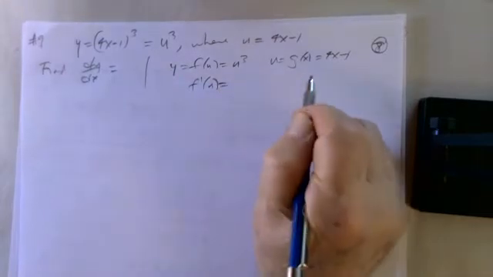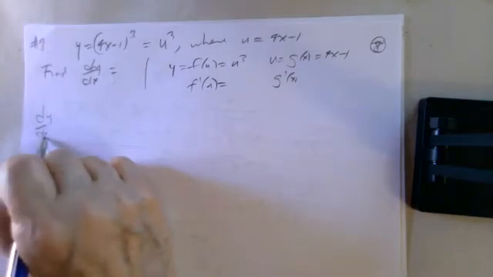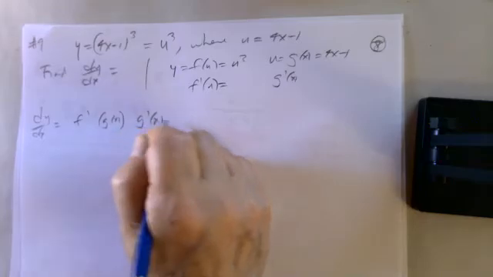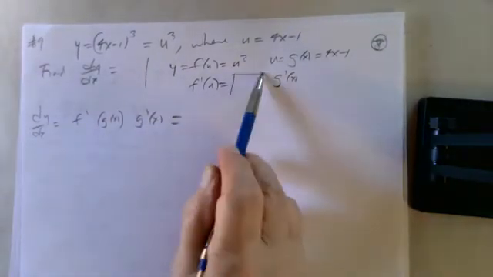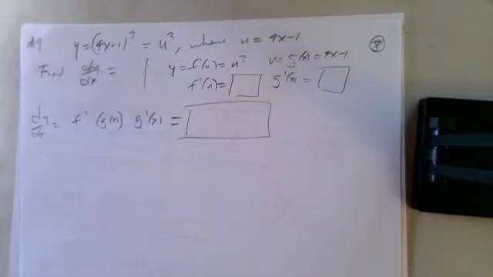So write down f prime of u and g prime of x, and dy/dx is going to be f prime evaluated at g of x, times g prime of x. So you need to fill in this, this, and this.